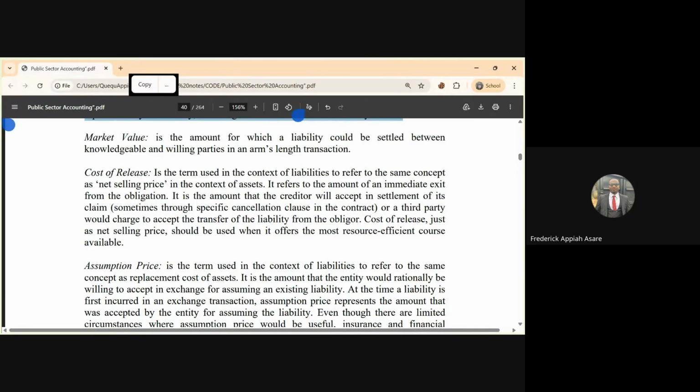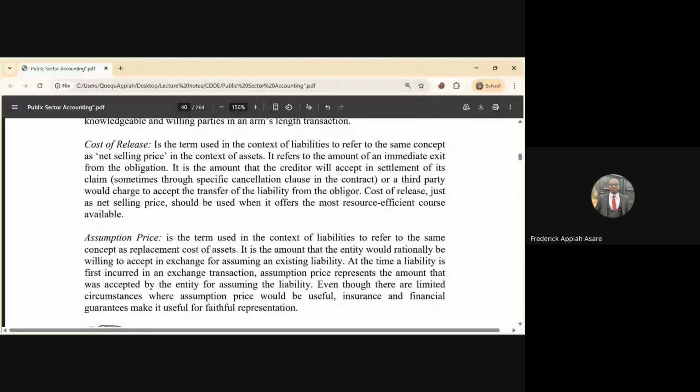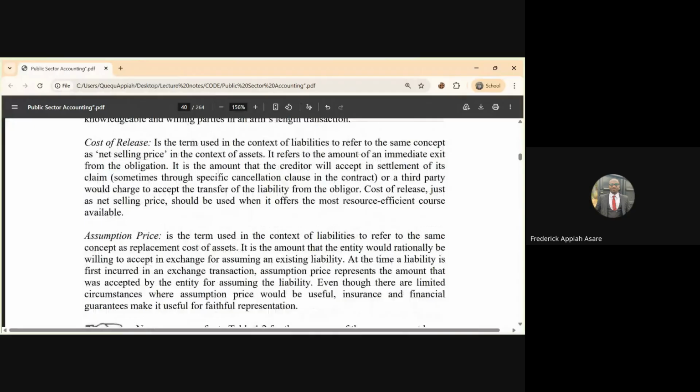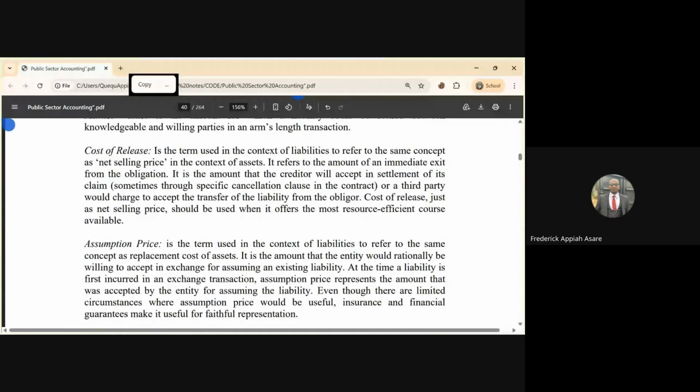So these are the key things that you need to understand. Cost of release and assumption prices is self-explanatory. Cost of release is a term used in the context of liabilities to refer to the same concept as net selling price in the context of assets. That is the net selling price that I explained to you during the assets.